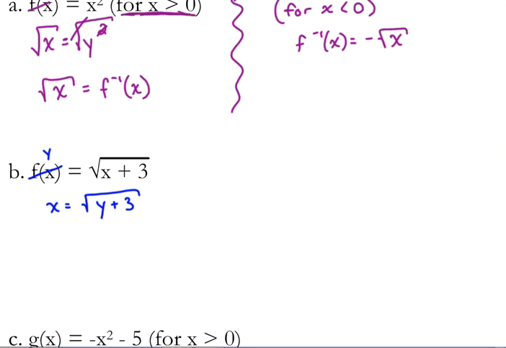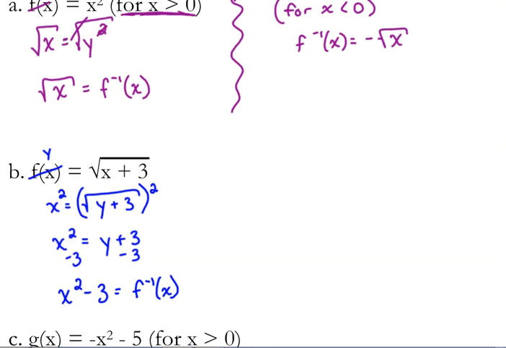So we have x is equal to the square root of y plus 3. We're trying to get to that y. It's stuck inside the square root, so the opposite of square rooting something is squaring it. So if we square both sides, we get x squared is equal to y plus 3. And then we can subtract the 3, so x squared minus 3 is equal to f inverse.